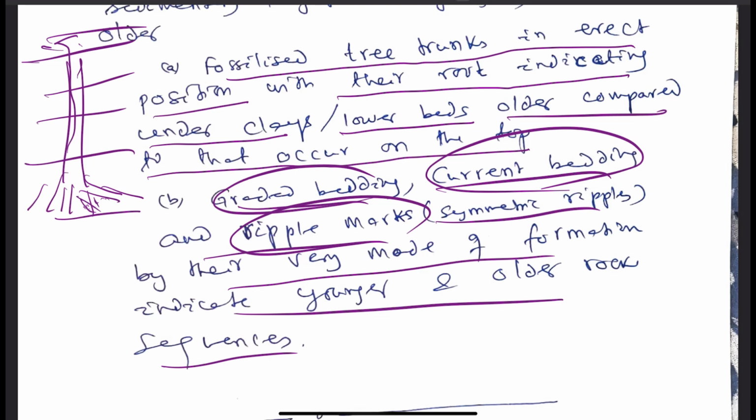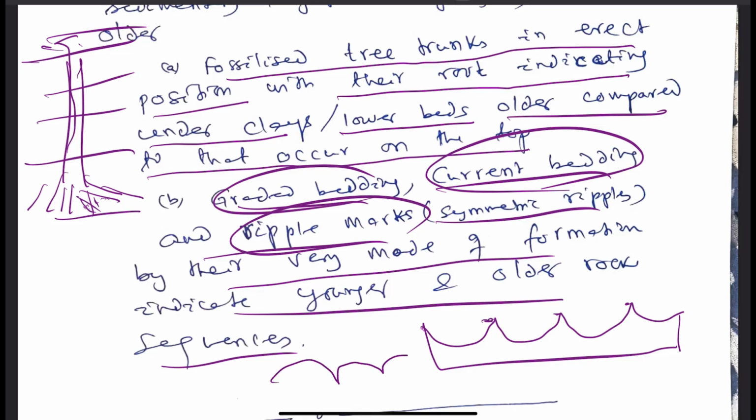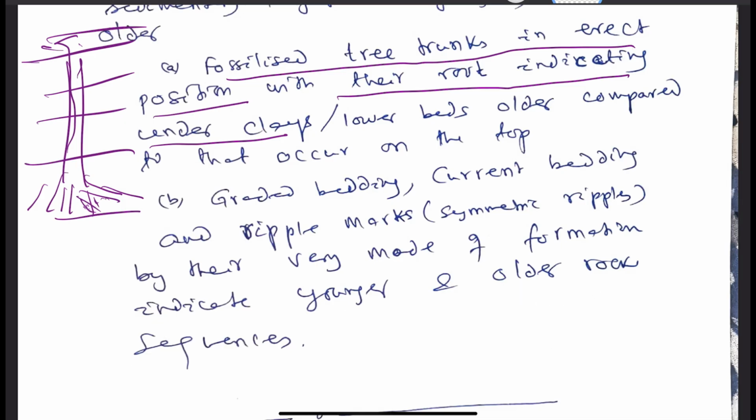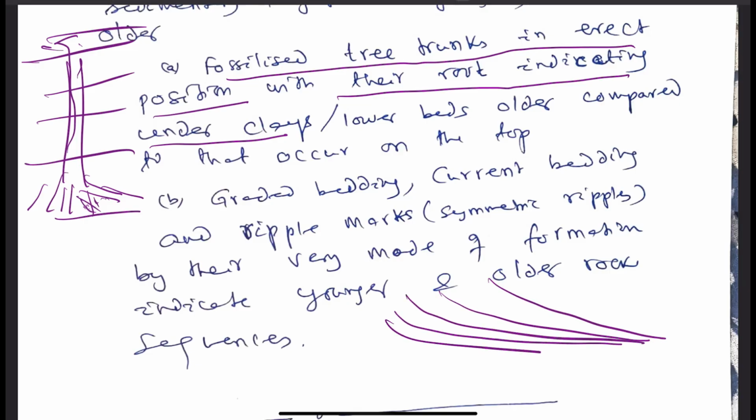The current ripples occur like this. These sharp crests always point towards the top. So if in a sequence we get features like this, then this strata is overturned. Similarly, if it contains current bedding, it presents tangential ending at the bottom.